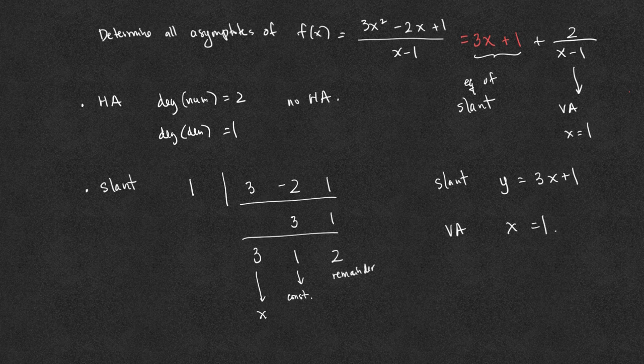Recall that this function 2 over x minus 1 resembles 1 over x, which is the reciprocal function. It is shifted to the right 1 unit and stretched vertically by a factor of 2.